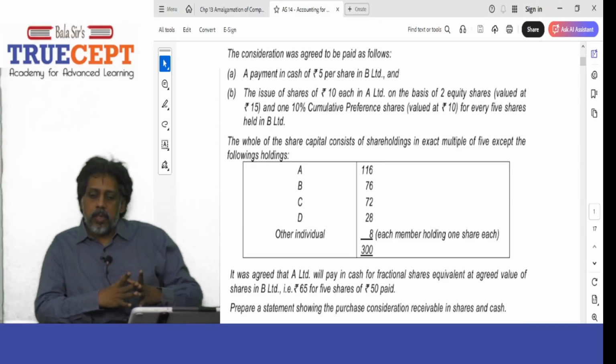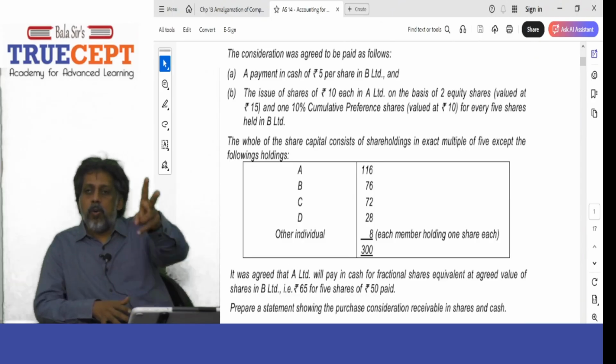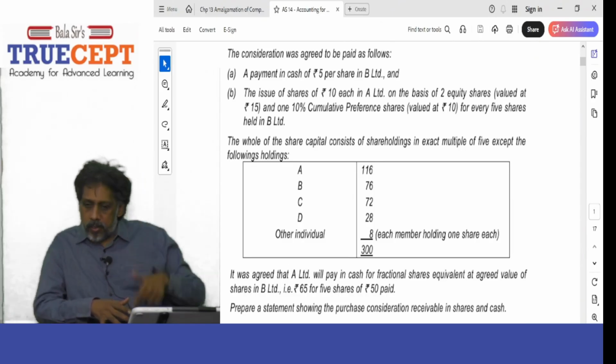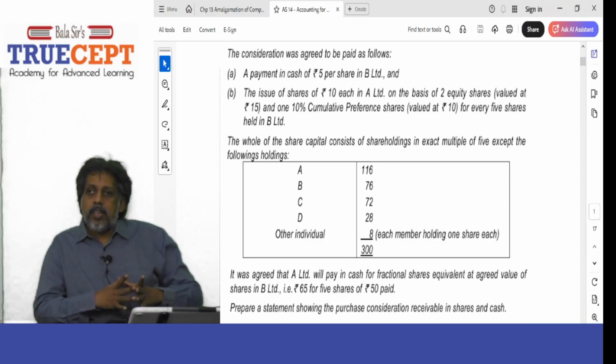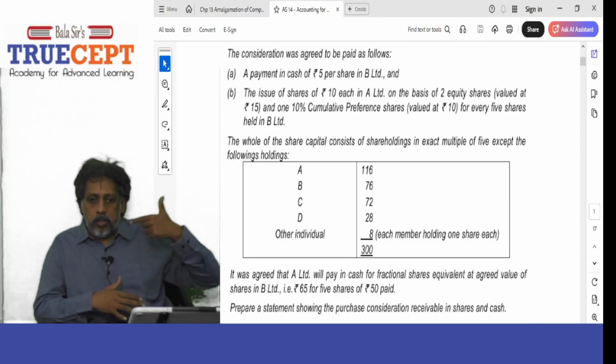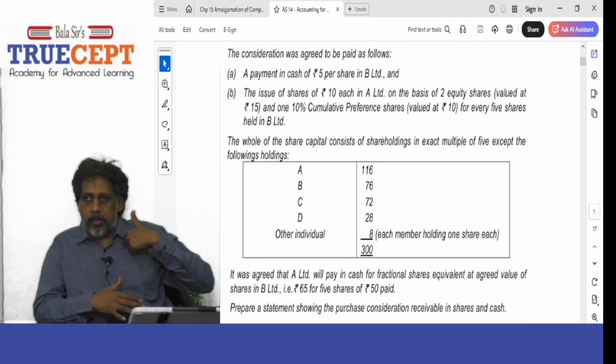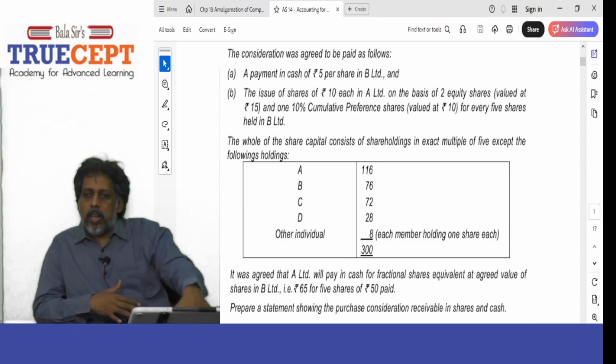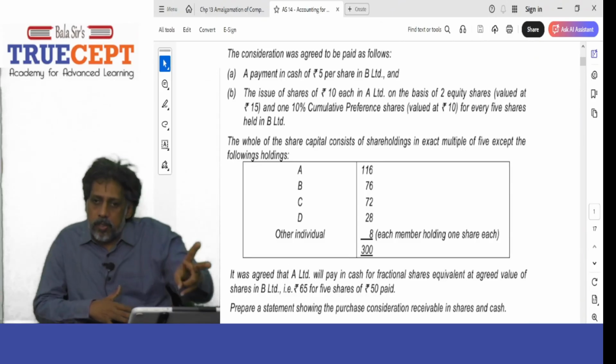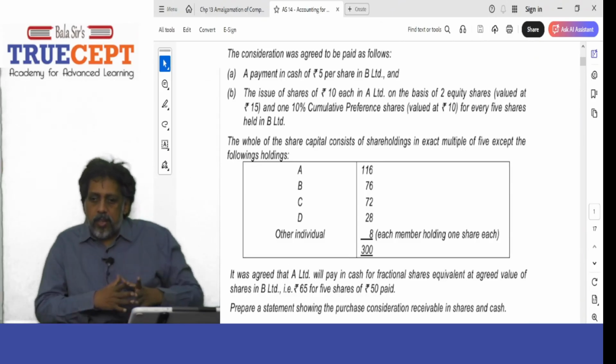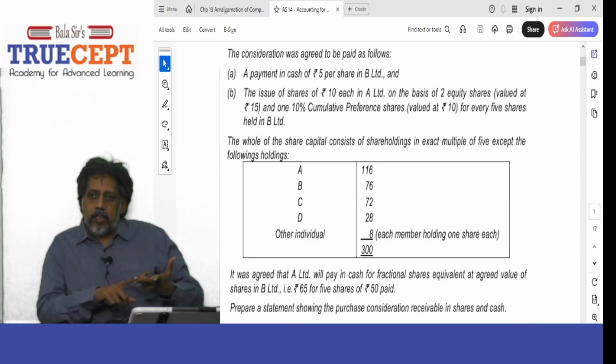On the basis of 2 equity shares valued at 15 rupees each, maybe that is the market price of one share of my company, A Limited, and also one 10% cumulative preference share of rupees 10 issued at rupees 10, for every 5 shares held in B Limited.